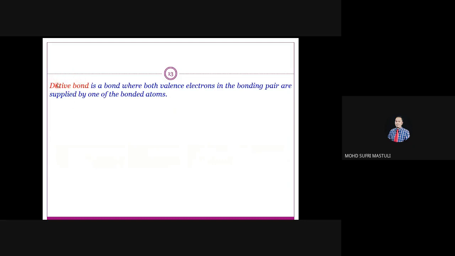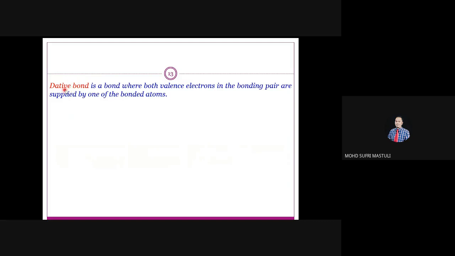Usually we find the dative bond in coordination compounds. Coordination compounds we will learn in chapter number 5 onwards. So in coordination compounds, we discuss a lot about the dative bond or coordination bond. Dative bond can be called coordination bond.